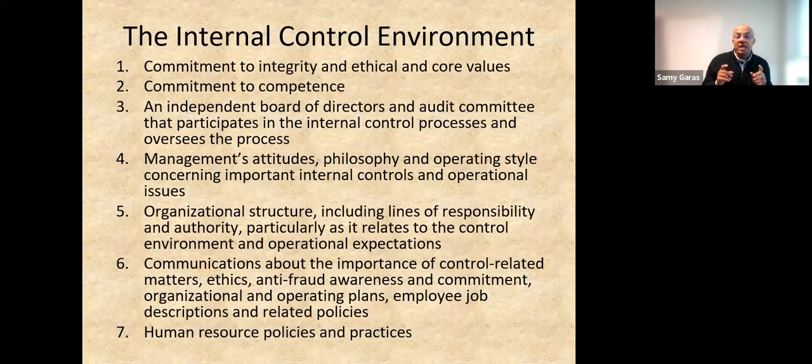Number one, the fraud examiner has to check if there is some kind of commitment from the board of directors and the audit committee and the executive management for seeking integrity and ethical value. If the auditor or the examiner couldn't find that the company or the management is seeking integrity and ethical value, this might be the first point that there might be some fraud going on in the company.